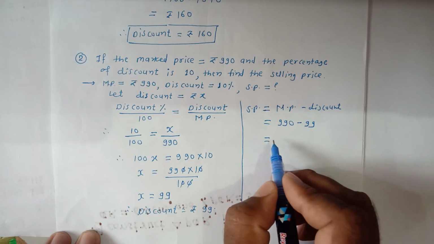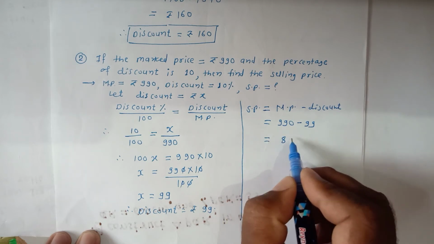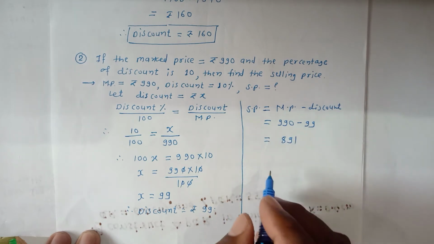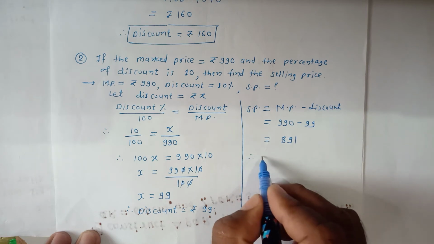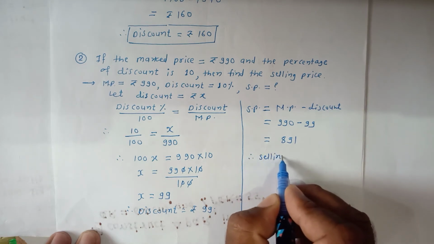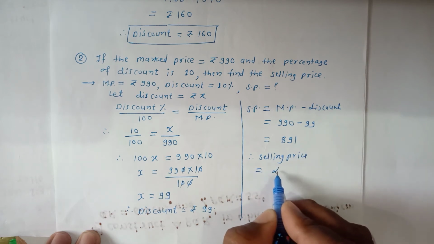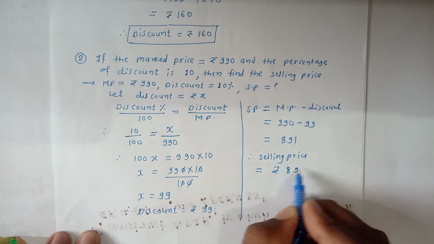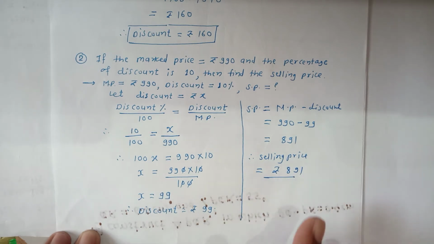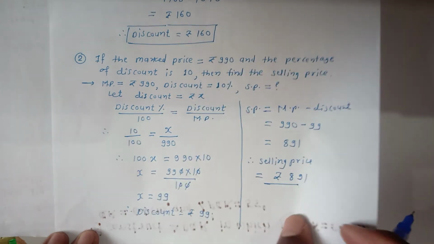So that will be 891. Therefore selling price is equal to rupees 891. This is our answer.